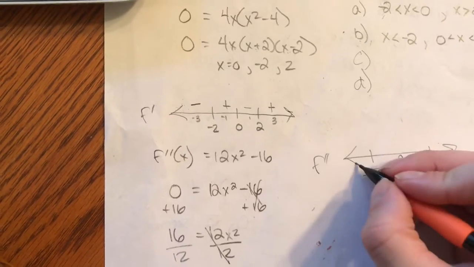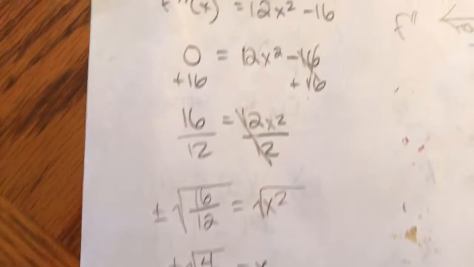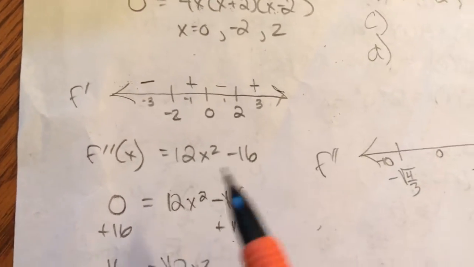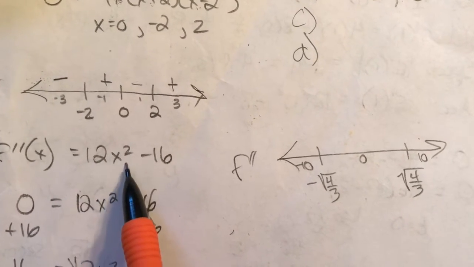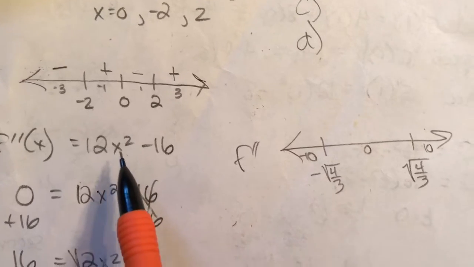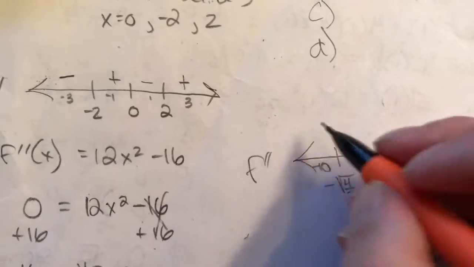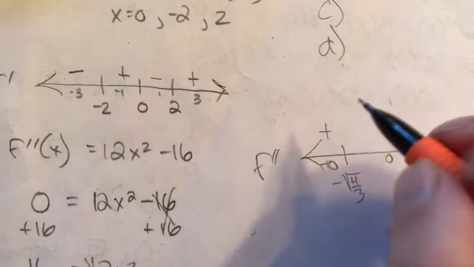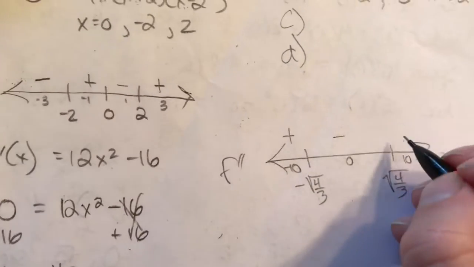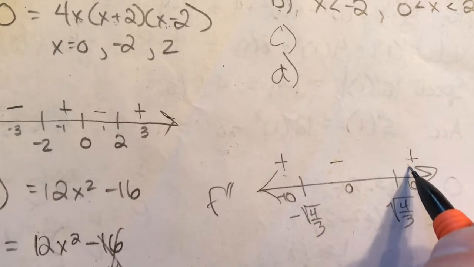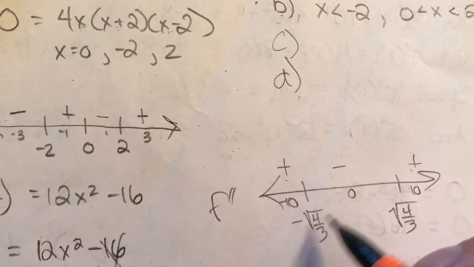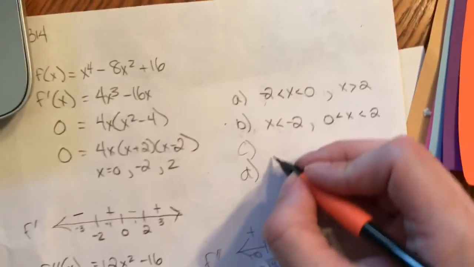Let's do 10 and negative 10, because why not just plug things in? If I plug in negative 10, negative 10 squared is 100, 12 times 100 minus 16, so that'll be positive. If I plug in 0, it'll be negative. If I plug in regular 10, it'll be positive, which means concave up here, concave up here. So anything that is smaller than the square root of 4/3, concave up. That was what C wanted, right, when it was concave up?